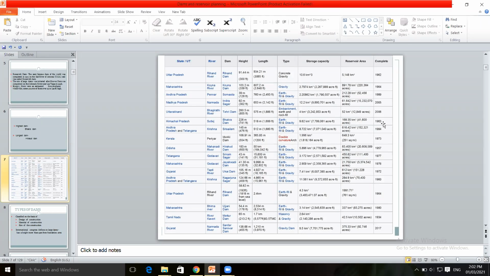1963. These are the two multi-purpose reservoirs which are used for controlling flood, for generation of electricity, to supply the water to town or cities or industries.